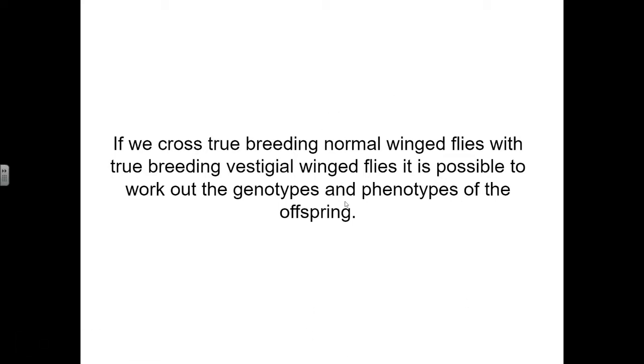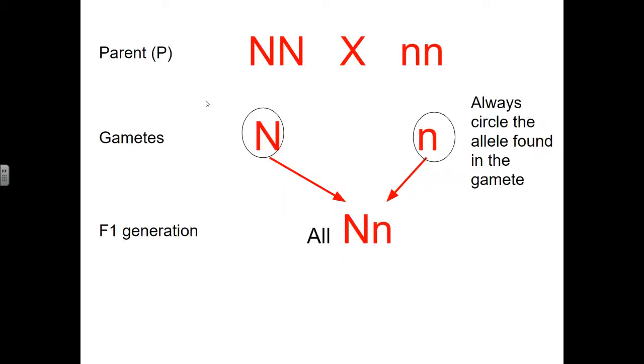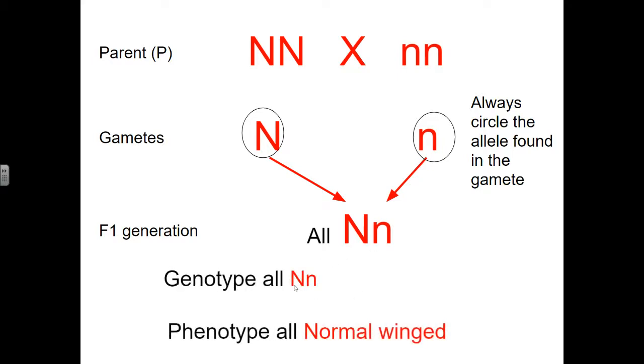So all of their children, all in the F1 from the parental, will be a heterozygote, capital N, small n. And because capital N is dominant and it's normal winged, all of the F1 will be phenotypically normal winged. We can see that here in the cross: the gametes it's able to produce are just the N and just the small n, so all will be that. The genotype is big N, small n, and the phenotype, the appearance, is normal winged.